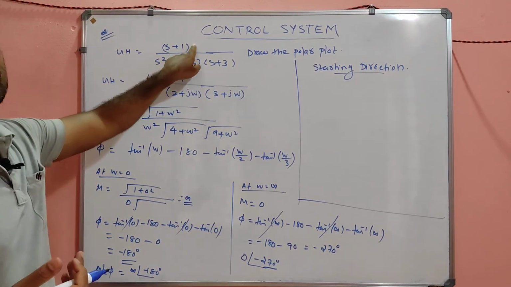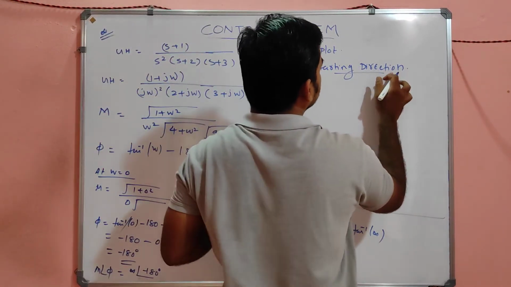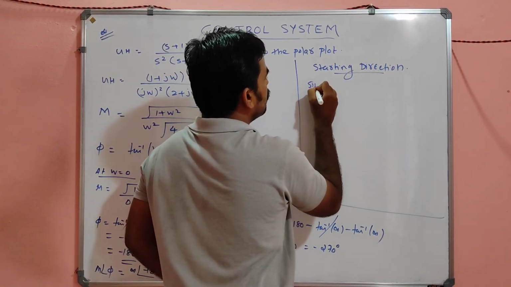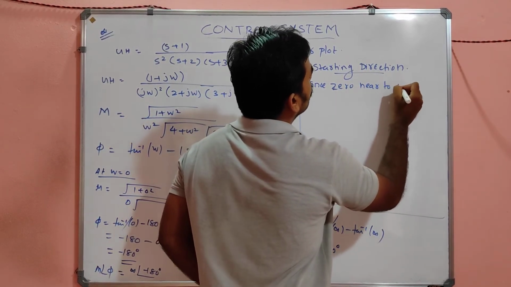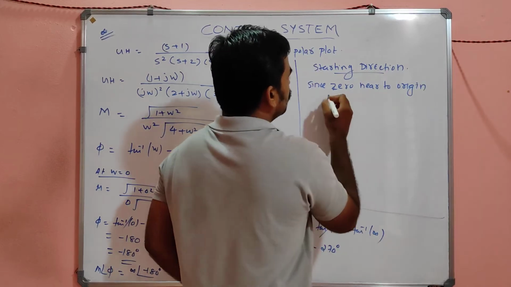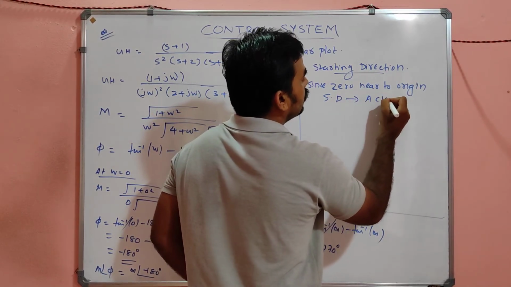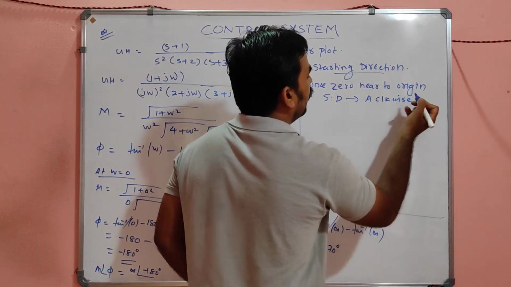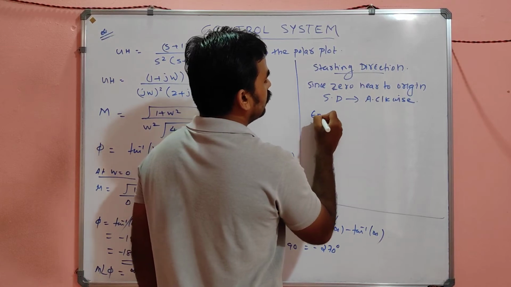So again, the zeros are near to the origin, so the starting direction will be what, my dear? Since 0 is near to the origin, the starting direction will be anti-clockwise.